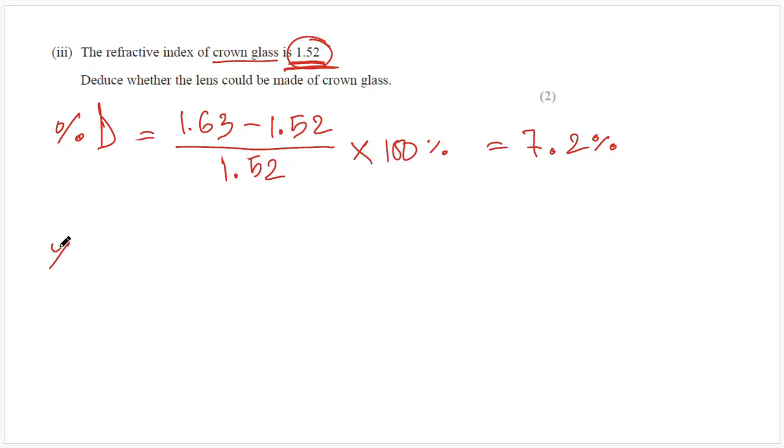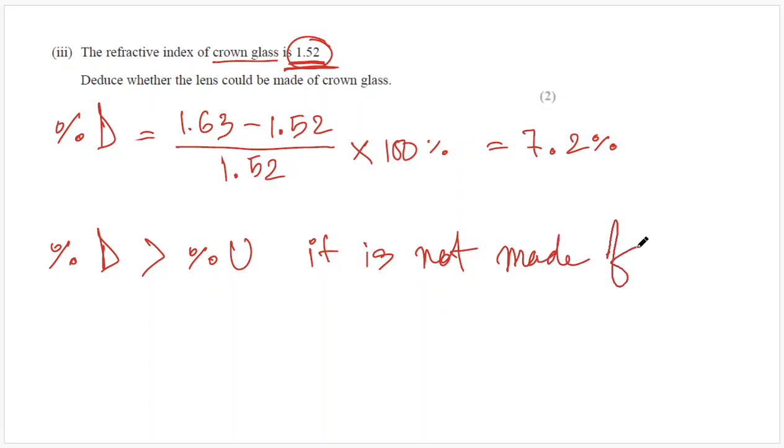Since percentage difference is greater than percentage uncertainty, which was 1.1, it is not made of crown glass. And say, if the percentage difference was smaller than percentage uncertainty, then it is acceptable, then it is valid, and then you could have said that it is made from crown glass.